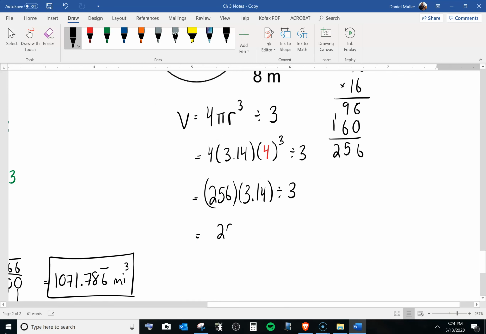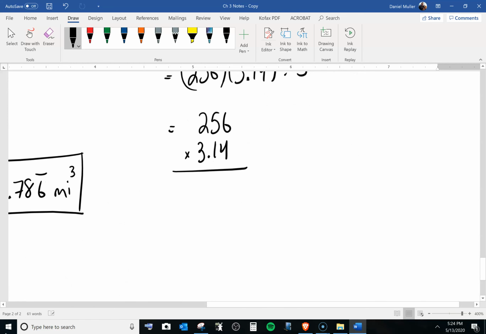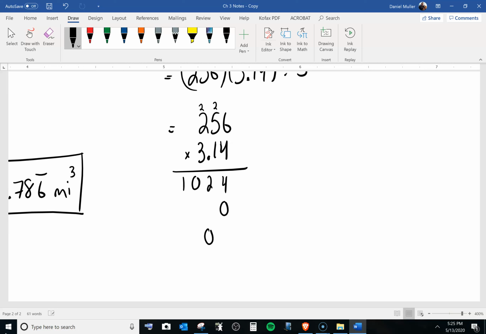I've got 256 times 3.14, so I'll have to do that, and just remember that there's 2 decimal spots there that I'll have to take care of after. So 6 times 4 is 24. 4 times 5 is 20 plus the 2 is 22. 8, 9, 10. So there's a 0, and I'll have to do a double 0 for the next row, so I'll write that down.